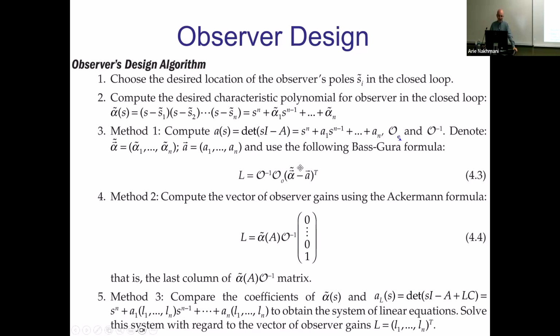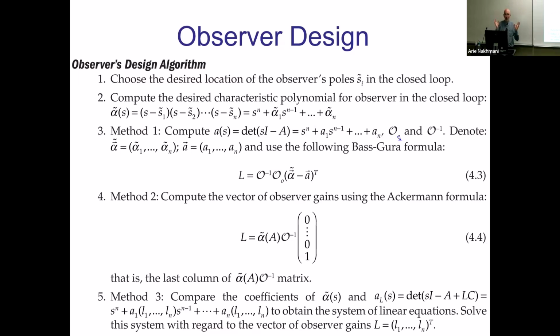Now, method one, you're using the Bass-Gura formula. Pay attention that this is practically the same thing, just transposed and the order is inversed. Because if you remember, the transpose of a product of matrices is the inverse order of each one of them transposed. Also, you're replacing controllability matrices with observability matrices, canonical controller with canonical observer.